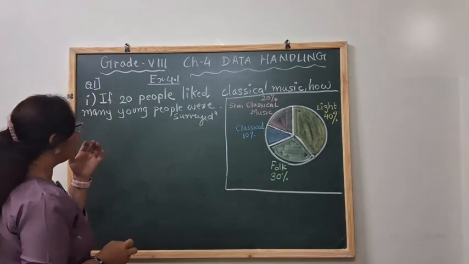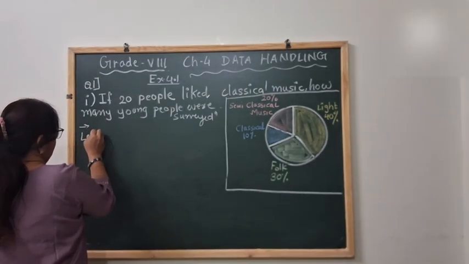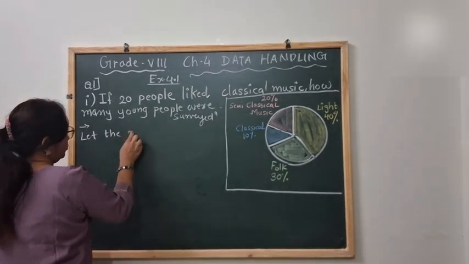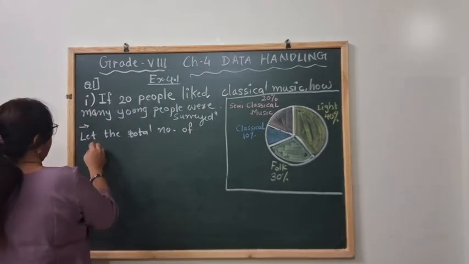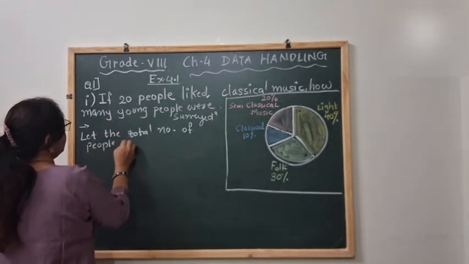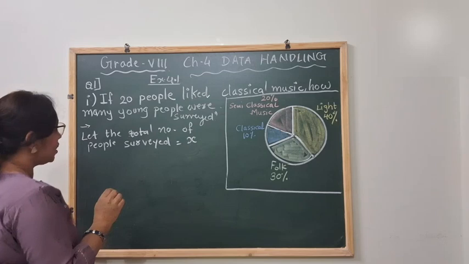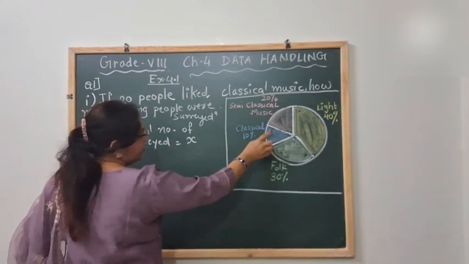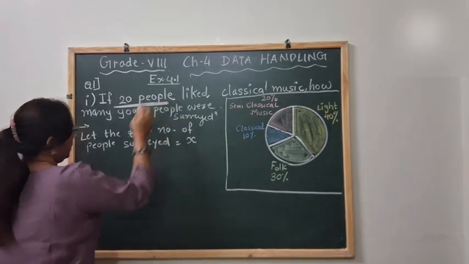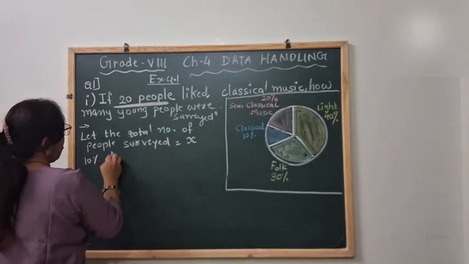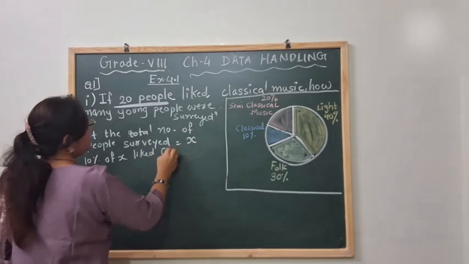So now let us suppose the number of people surveyed be X. Let the total number of young people surveyed be equal to X. Now they are telling that 10% of people liked classical music, and they've already given 20 people. 10% of X, X means total, liked classical music.